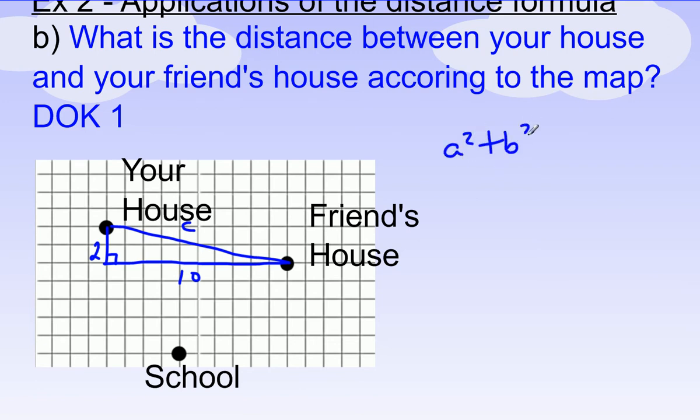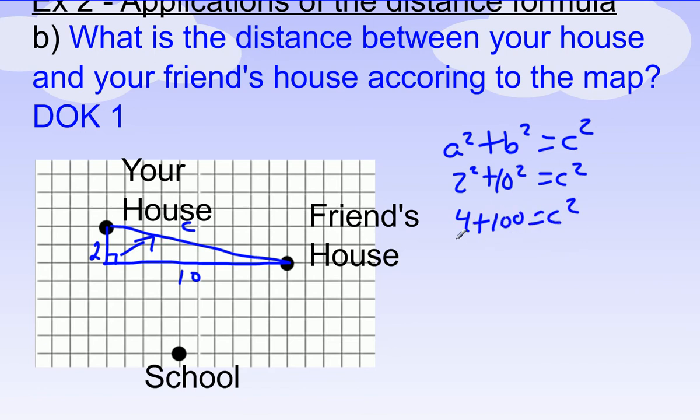A squared plus b squared equals c squared. 2 squared plus 10 squared equals c squared. I'm just plugging in. This is my hypotenuse over here. It's still a variable. This math gives me 4 plus 100. 4 plus 100 is 104.